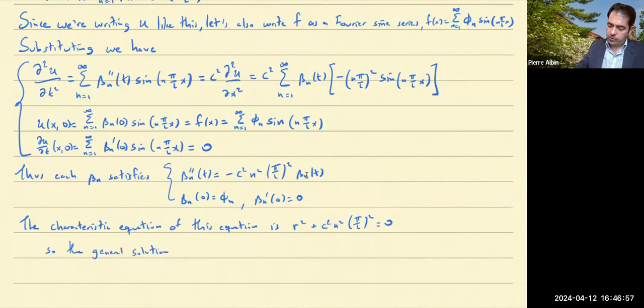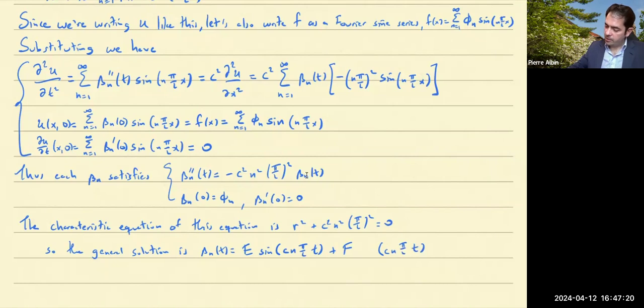So the general solution is beta n of t would be some constant, let's say capital E, times sine of c n pi over L t, plus some other constant, let's say capital F, times cosine of c n pi over L t.